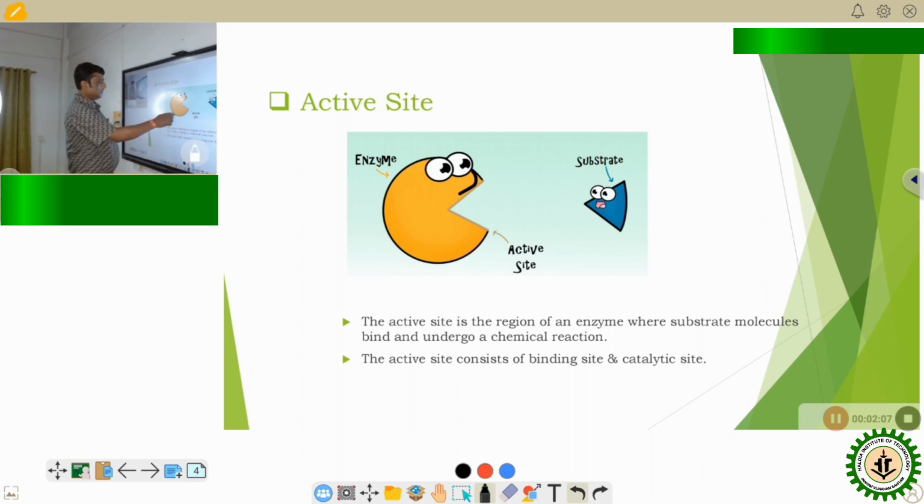Here, in this triangle-like structure, amino acids are also present, and they are specific, meaning they have specific configurations and structures, and those structures resemble the structure of the substrate.